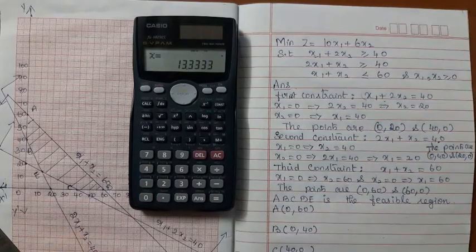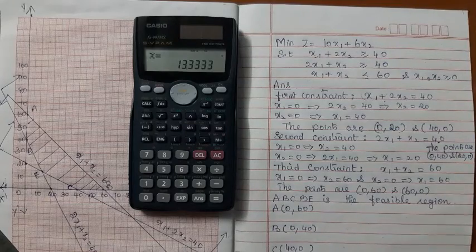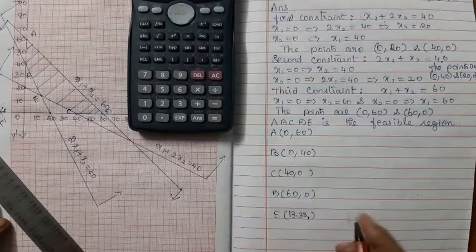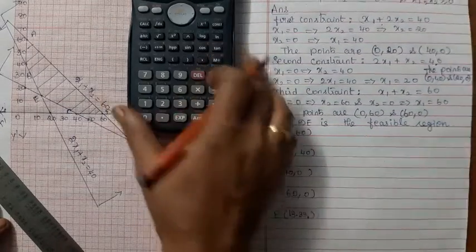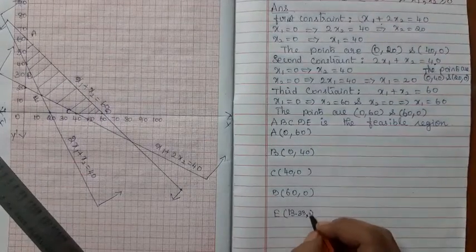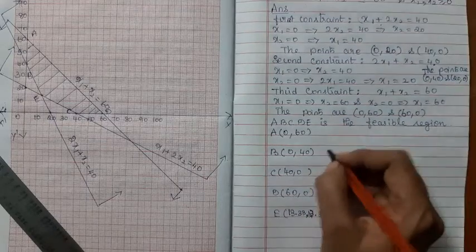So you get the answer x1 is 13.33 and x2 is again 13.33. So E is (13.33, 13.33).